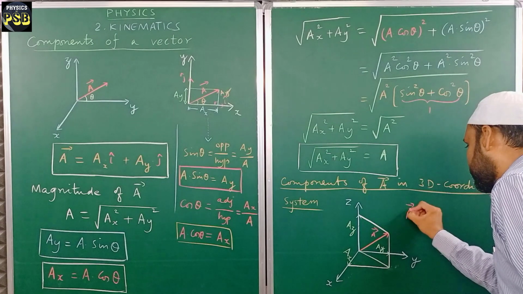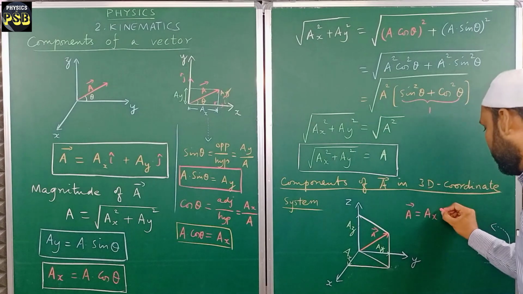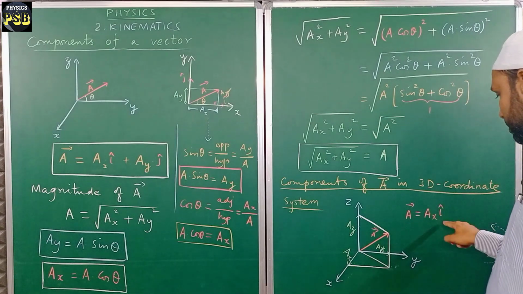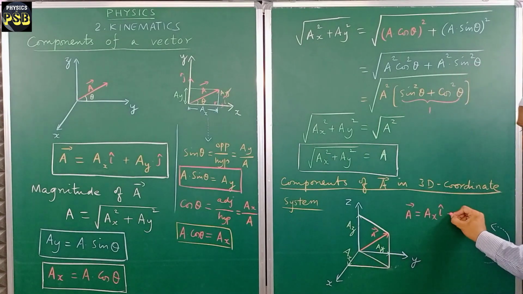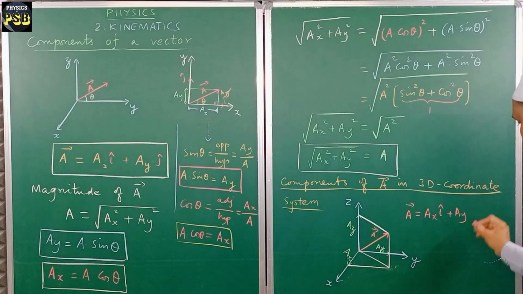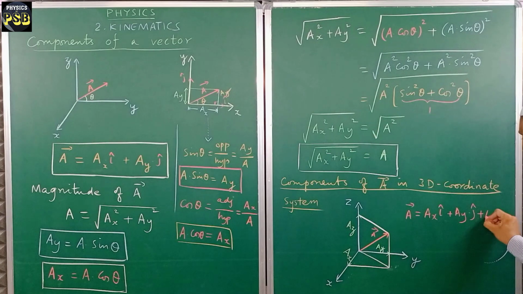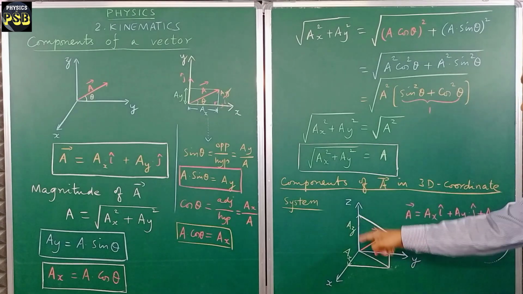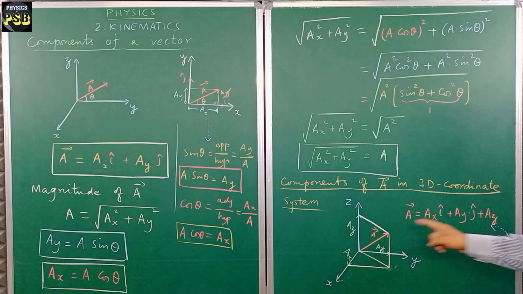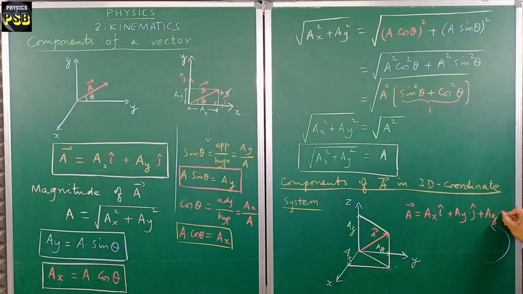This A vector is represented as AX multiplied with the i cap, the orthogonal unit vector along the x-axis, plus AY multiplied with the unit vector along the y-axis, plus the component of the A vector along the z-axis, that is AZ, multiplied with the unit vector acting along the z-axis, that is the k cap.